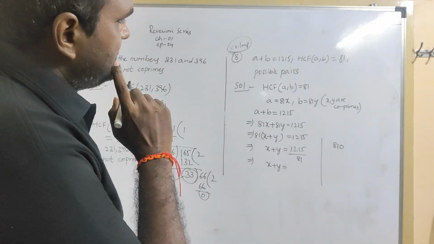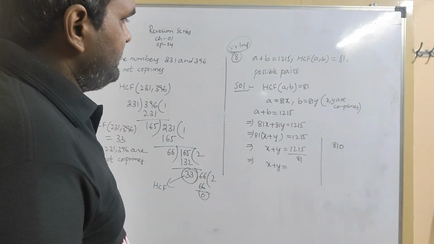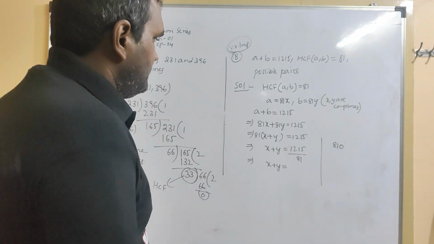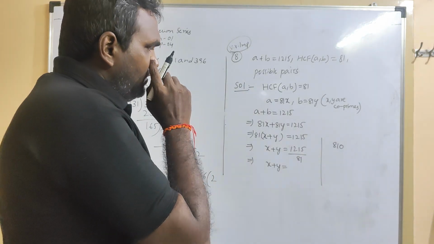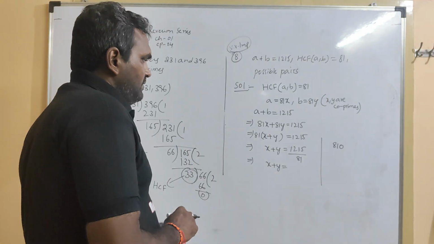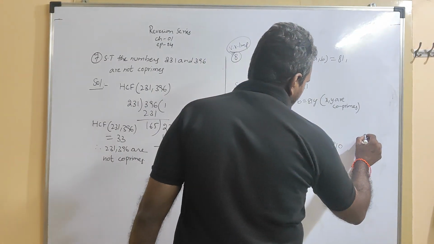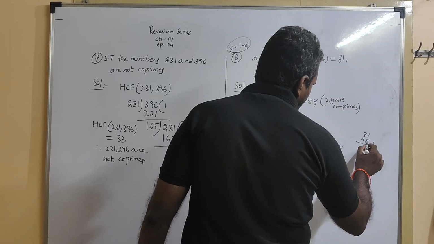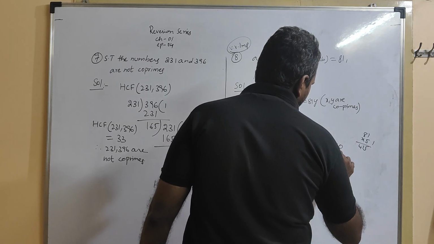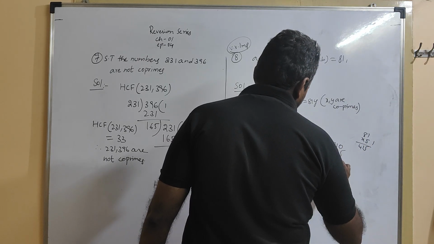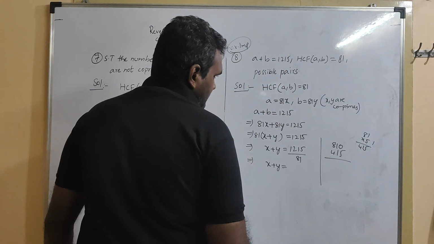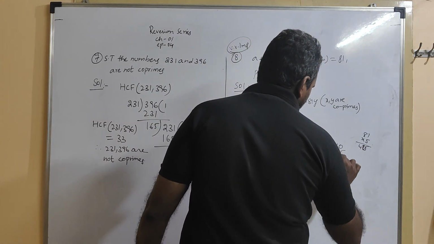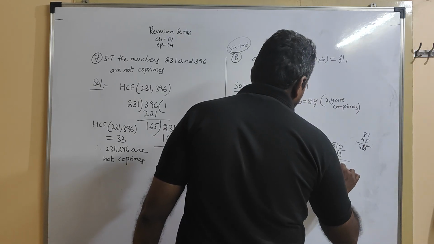Then 405. 5 ones are 5, 5 eights are 40, so 405.